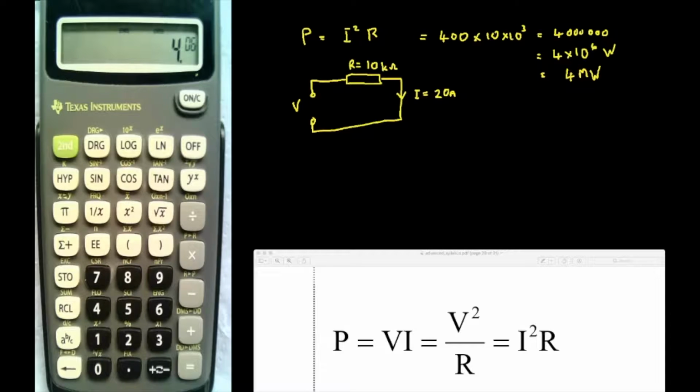So those are 3 forms of the power equation, which we'll be going through and practicing as we go through the advanced course.